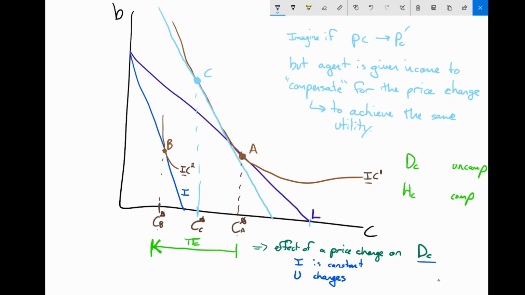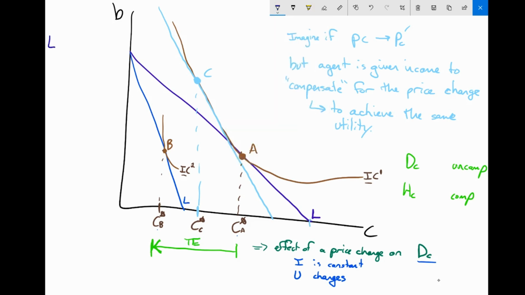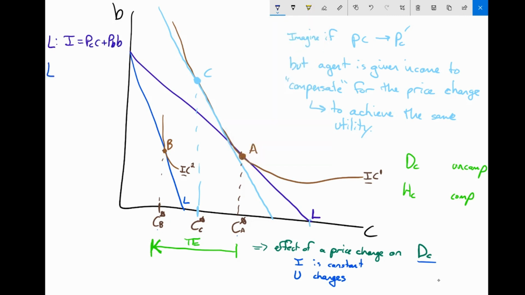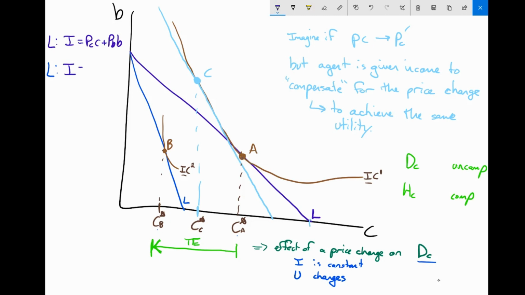I'm going to use purple for the original budget line, blue for the second budget line. All right, so the purple budget line, the original, let's say that it's income equals PC C plus PB B. And then we have the second budget line. So we're saying that the price increases. The income remains the same. Same level of income.